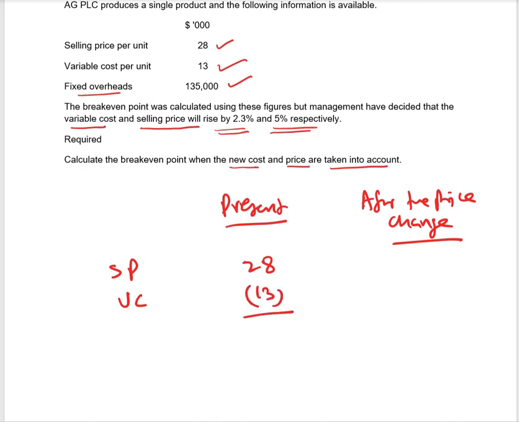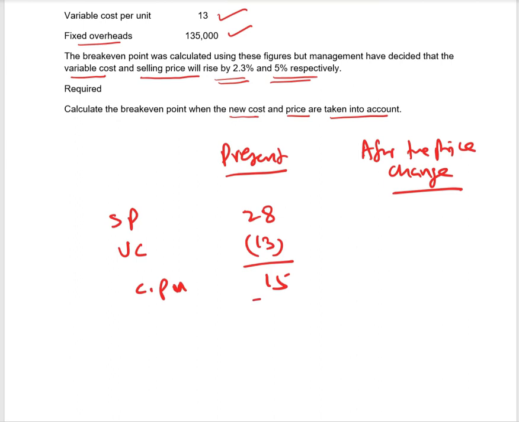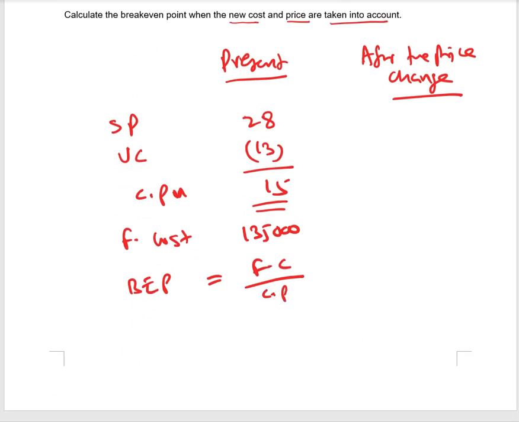So your contribution per unit is 15. Your fixed cost is given as 135,000. So break-even point will be fixed cost divided by contribution per unit. So 135,000 divided by 15 will be 9,000. So your break-even point under present will be 9,000.